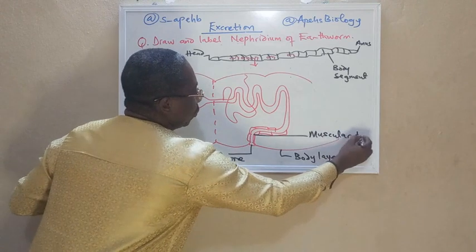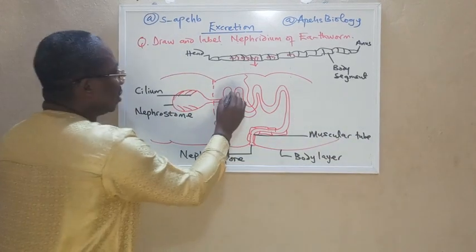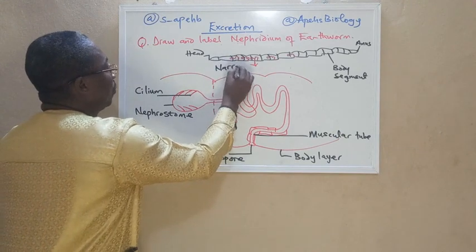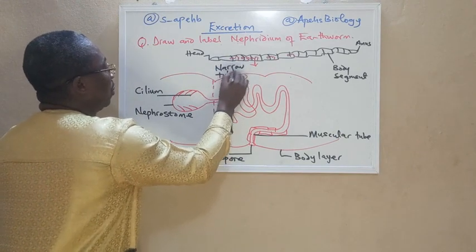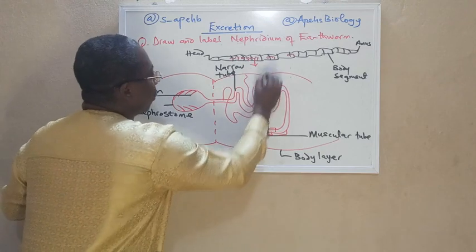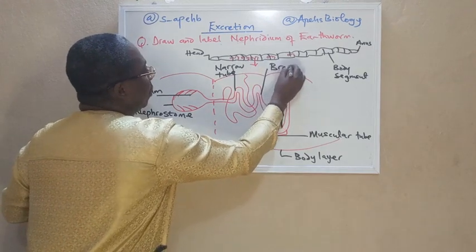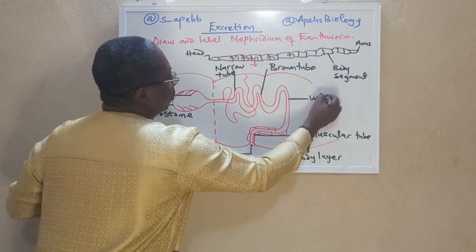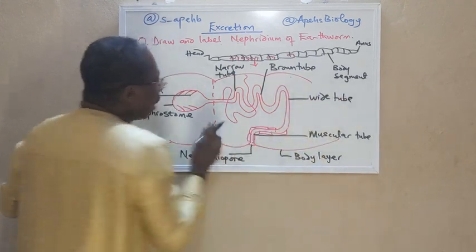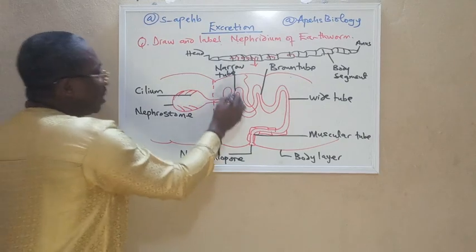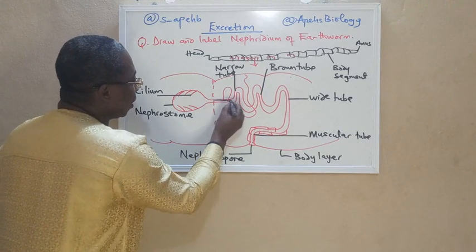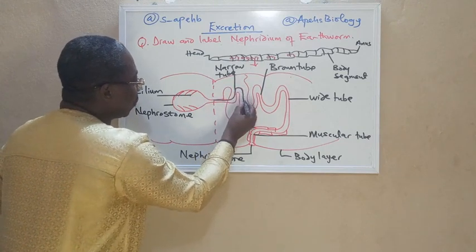Now this area is called the muscular tube. The muscular tube, all right? Then this tube here is called the narrow tube. Then somewhere here you have the brown tube. That's the name. Then this area we have the wide tube. So the earthworm basically has the narrow tube, the first part here, from here to this point.